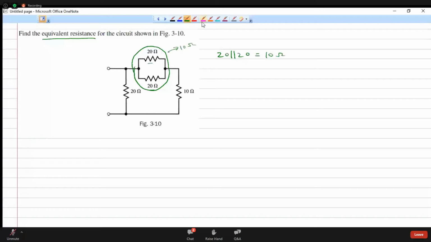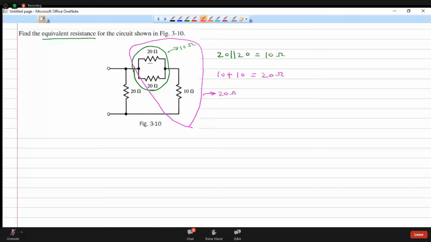Now you see these two. We can see that 10 is in series with another 10 ohm. So that is equal to 20 ohm.